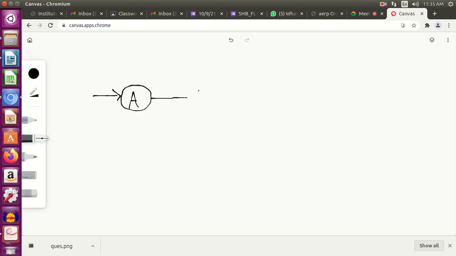Suppose the next state is B. Now for the state A, what should be the A and B transition, like alphabet set A and B transition? Where can I give it? Should I put a self loop, or should I put an A over here, or should I put a B over here? What should I do?